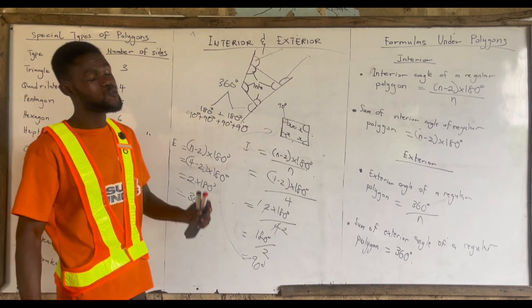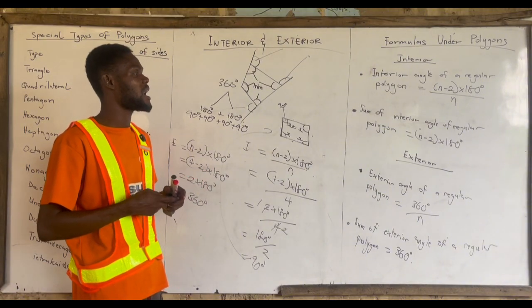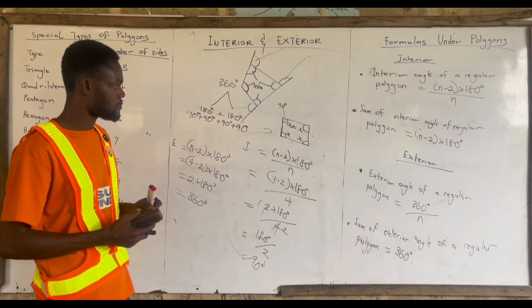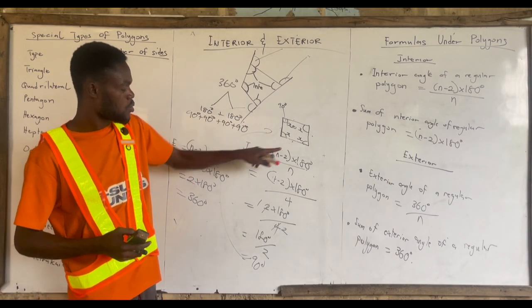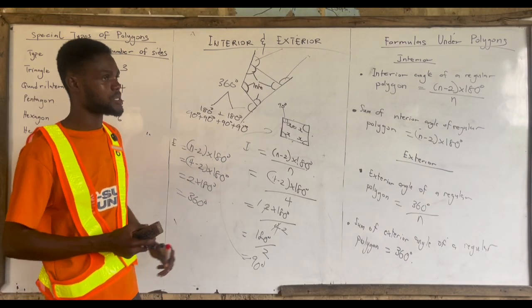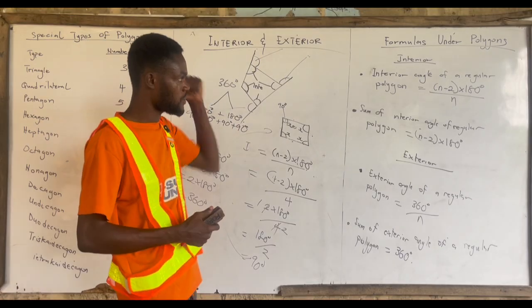Yes. And the rule is that the sum of interior angles of every quadrilateral is 360. So a square will get 360, a rectangle will get 360. So that is how we solve those questions.